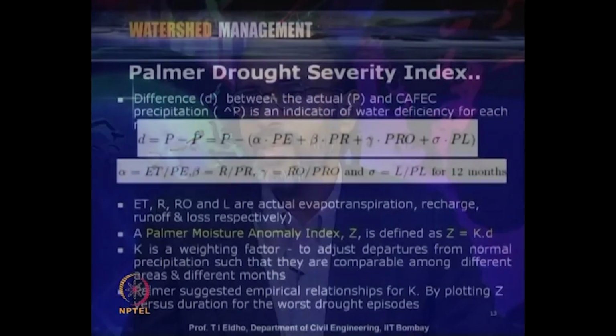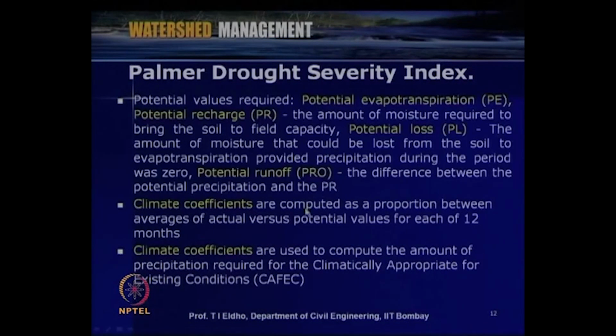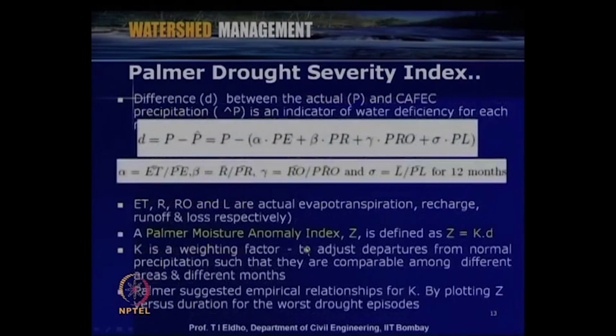So, here this Palmer severity index is obtained from these equations. The difference d between the actual P and the CAFEC, the climatically appropriate for existing conditions, precipitation P hat, is an indicator of water deficiency for each case.